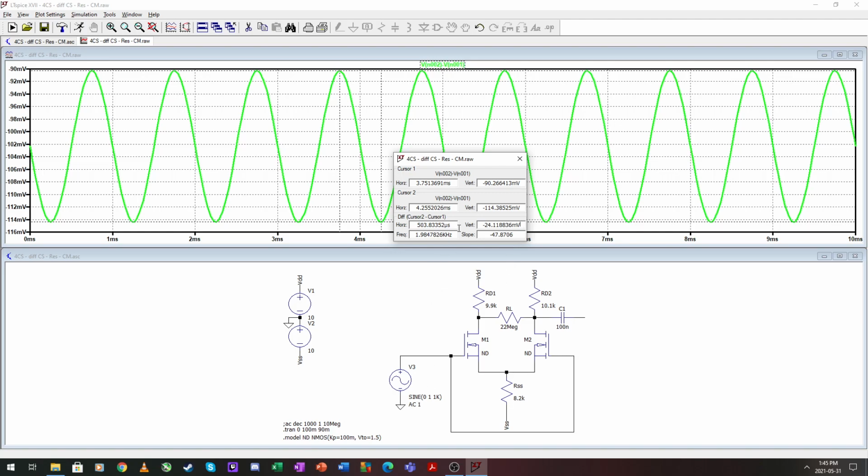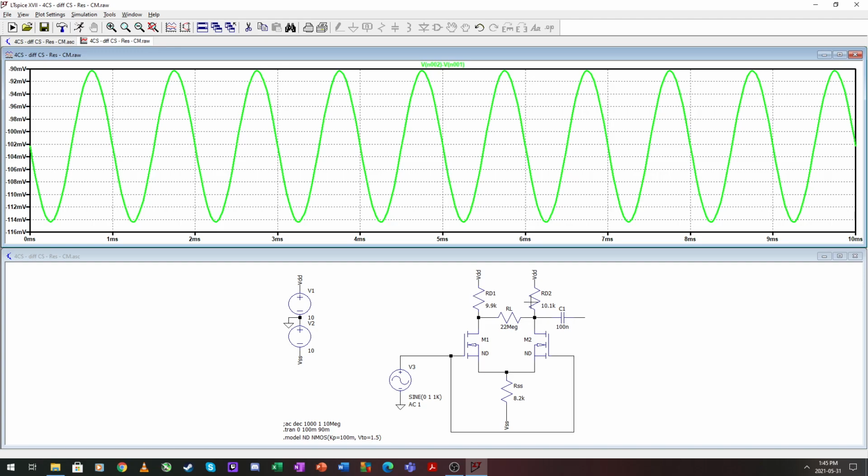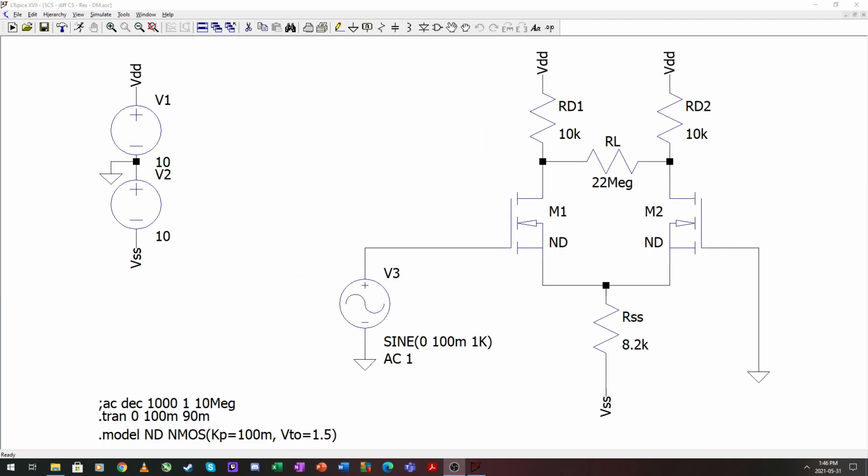Divide by 2 is about 12. If I remember correctly, this was about 12 millivolts per volt common mode gain that we calculated beforehand, with a difference of 200 ohms. So using a resistor down here can give you your bias, but it will influence your common mode gain very drastically.